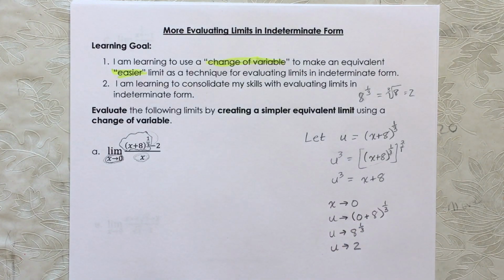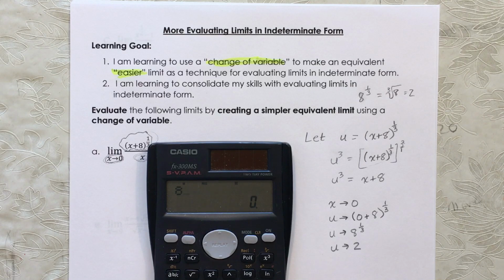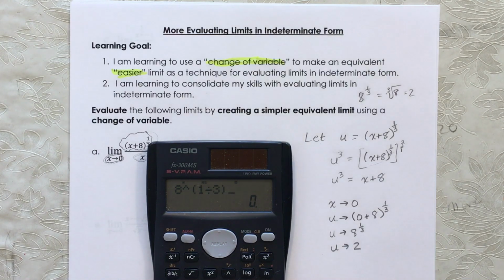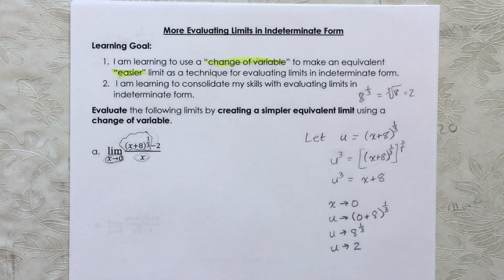So u is going to approach 2. And if you're not sure how to do that on a calculator, you could do 8, find your exponent button, to the power of 1 divided by 3. You get 2. Some people's exponent button is y to the x. Just make sure you use brackets around your fraction 1/3.